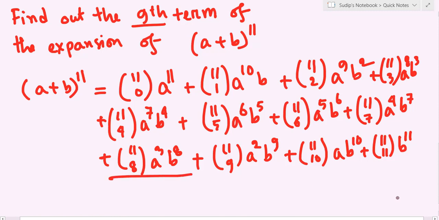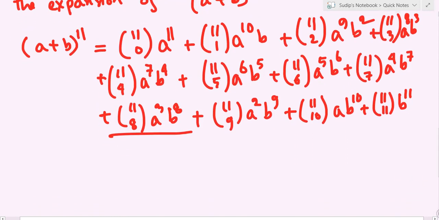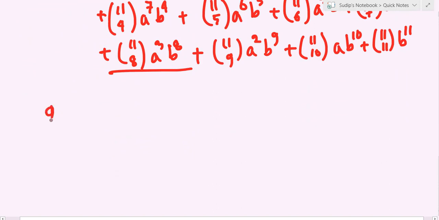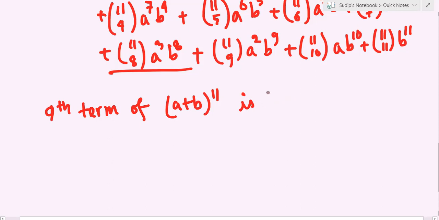This is the ninth term. So you can write that the ninth term of a plus b whole to the power 11 is 11C8 a to the power 3 b to the power 8. This is the ninth term.